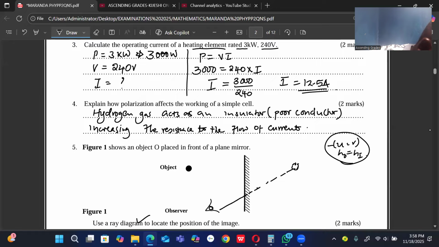And then another one like this. So these two rays are just reflected rays.